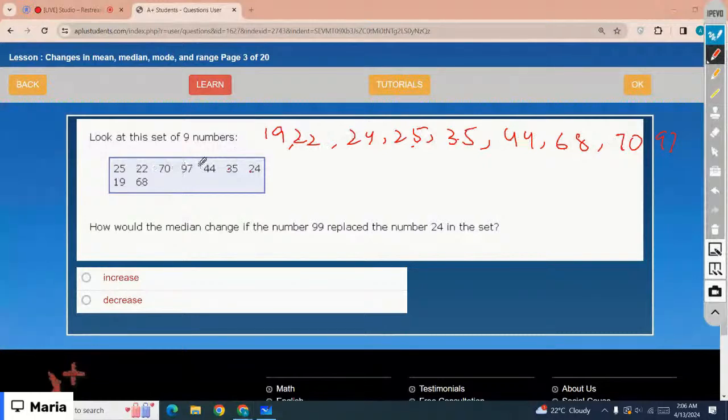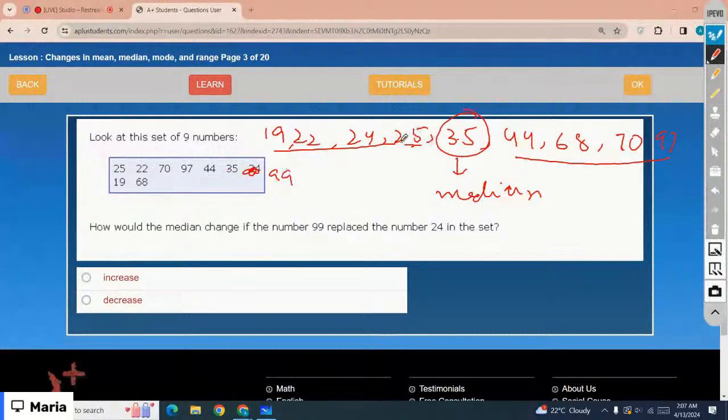For the median, the first thing is you have to arrange the numbers, right? 4 numbers here, 4 numbers here. 35 is the median, right? In this case the median is 35. Now let's see what we have to find. How would the median change if the number 99 replaced the number 24 in the set? You have to replace 24 by 99, right?